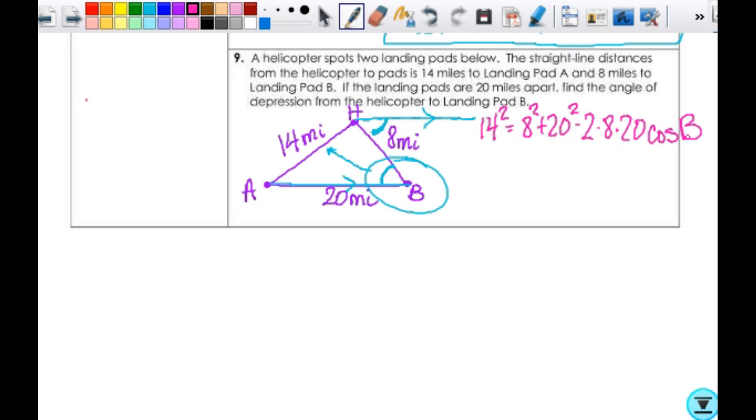If you can write it down like this and not make ridiculous elementary school errors, then you're fine. And by that I mean you cannot just square these and multiply these and combine all of these numbers right here. That is a big fat no, okay? Because this right here has a cosine of B attached to it, right? So think about that when you're doing that.